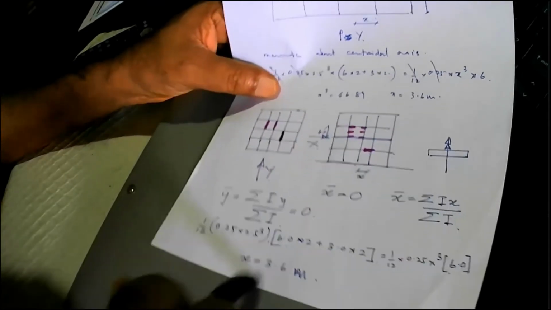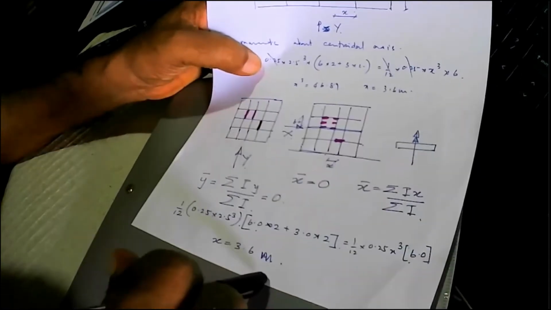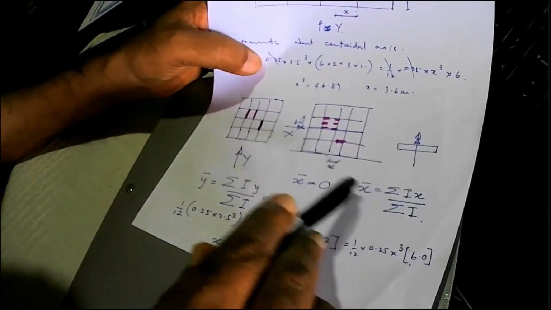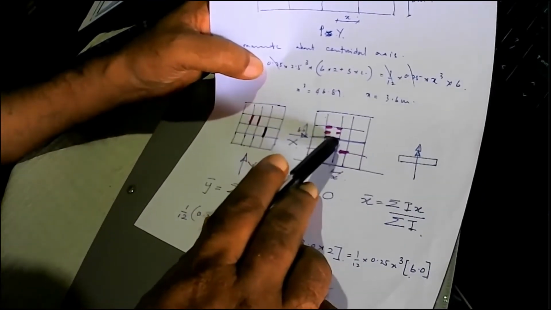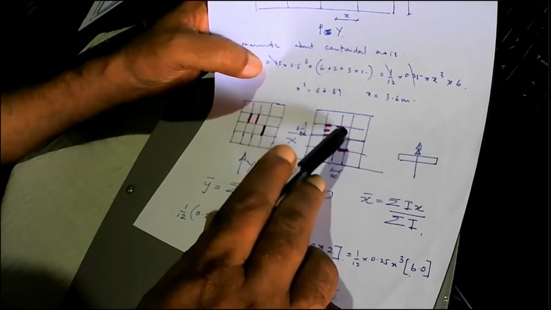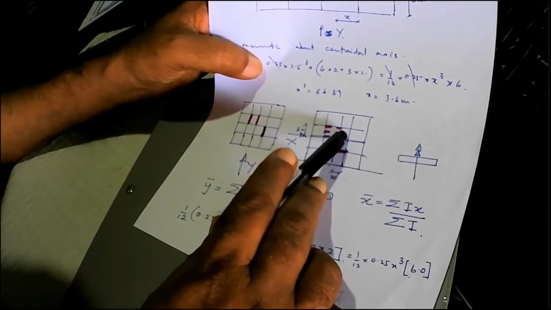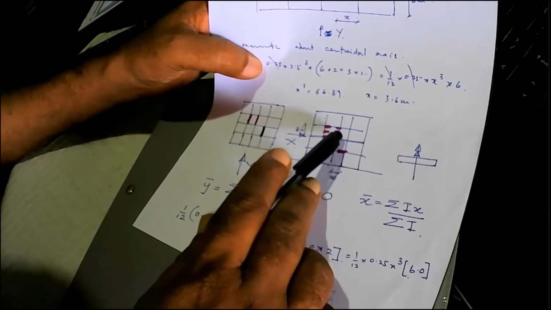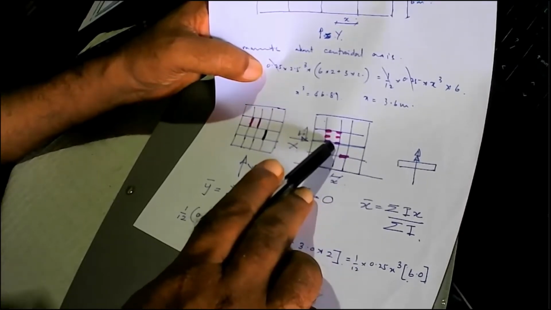And for that, we did this simple calculation to ensure that the centroid, shear center, or the center of rigidity of the structure lies on the center of the building.